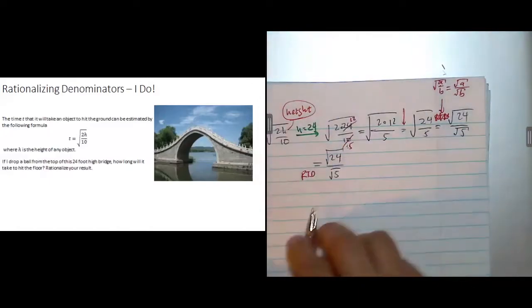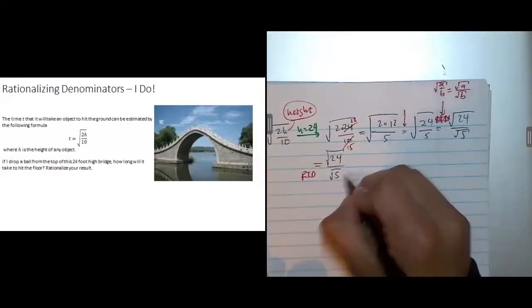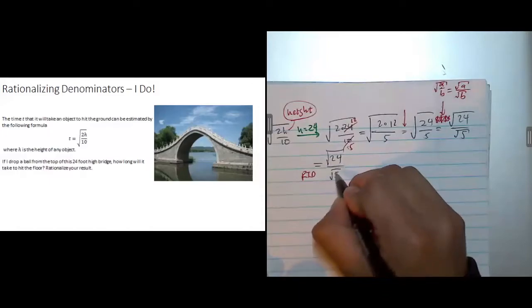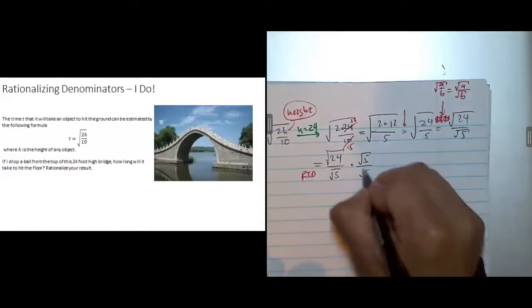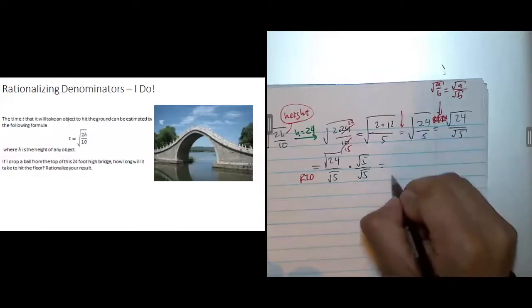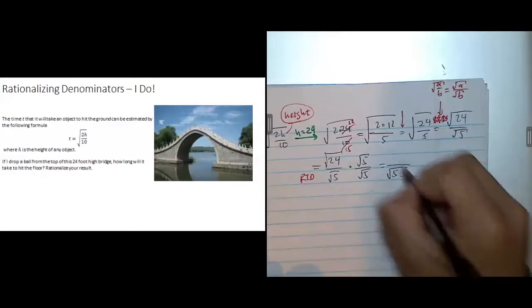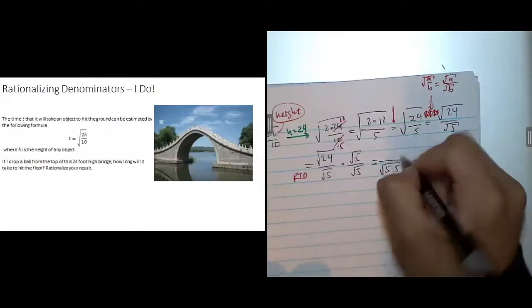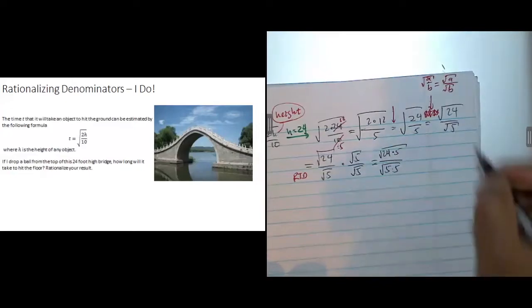Rationalizing the denominator means multiply top and bottom by what the denominator is, so the square root of 5 and the square root of 5. The square root of 5 times the square root of 5 is the square root of 5 times 5, and the square root of 24 times 5.